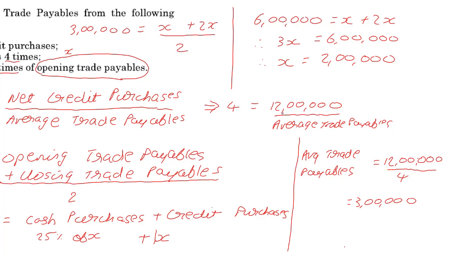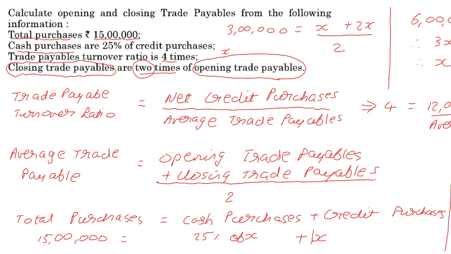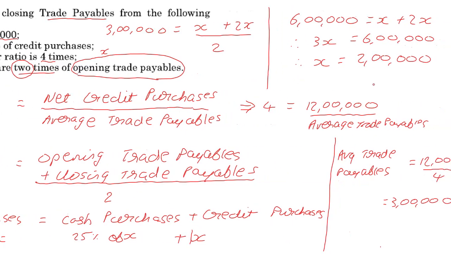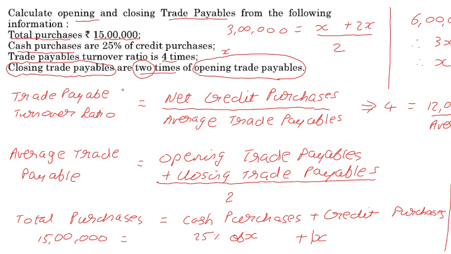Now remember, this x is our opening trade payables. The question is to calculate opening and closing trade payables. The 2 lakhs that we just got over here is our opening trade payables. So if the opening trade payables is 2 lakhs and closing trade payables is 2 times 2 lakhs, that number will be 4 lakhs.